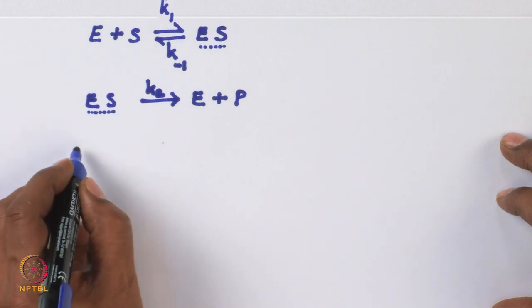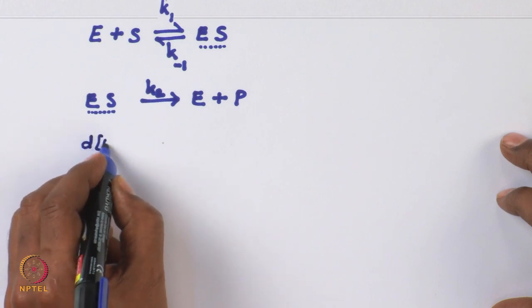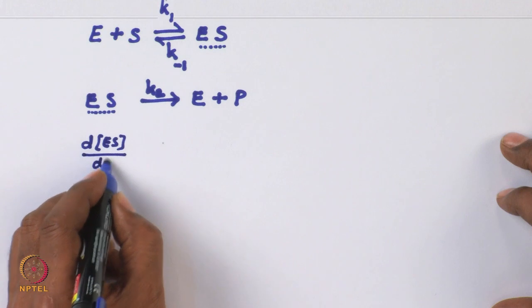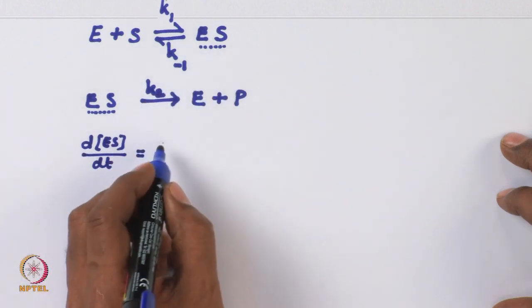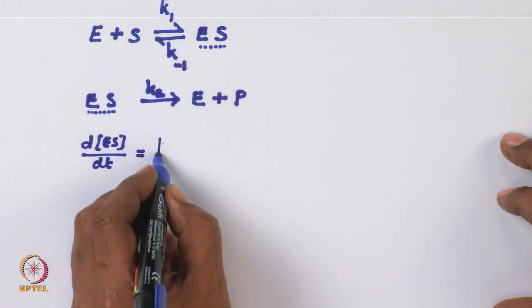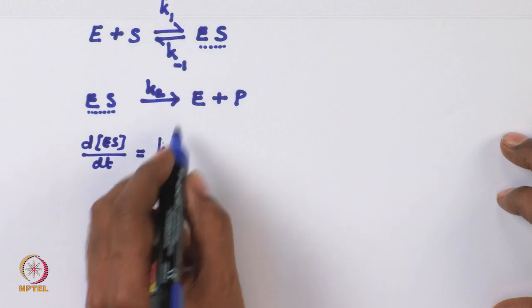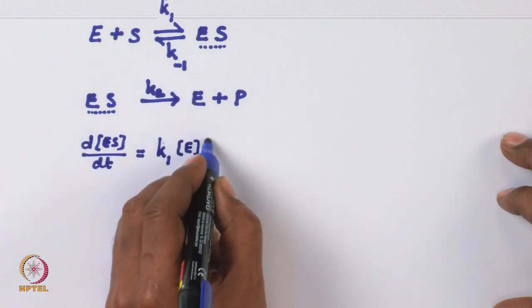So, that is what we will do over here. We will write d ES over dt, which is, let us take a look at this, K1. ES is being formed. So, I will write K1 into E into S.